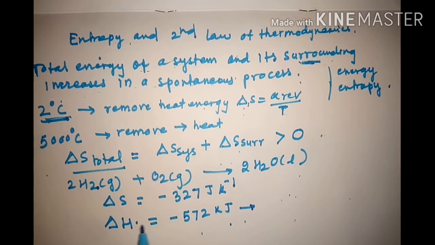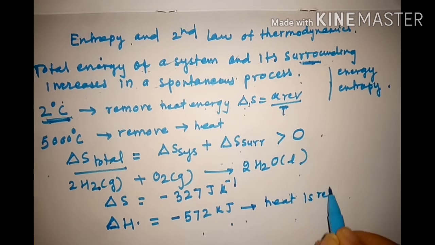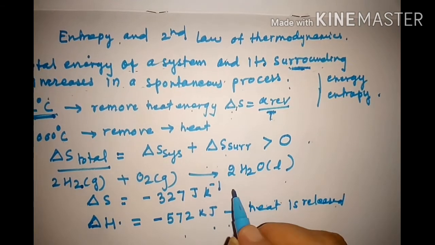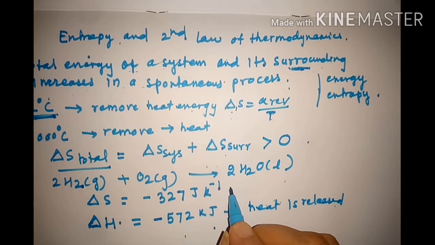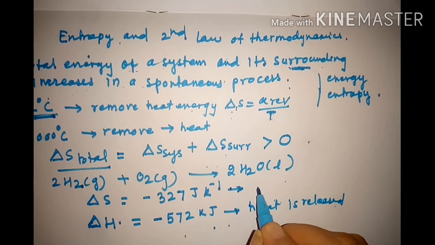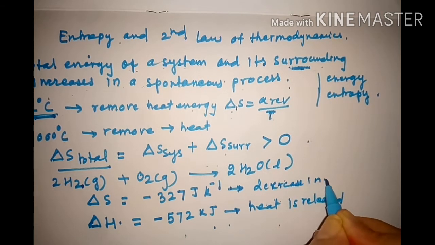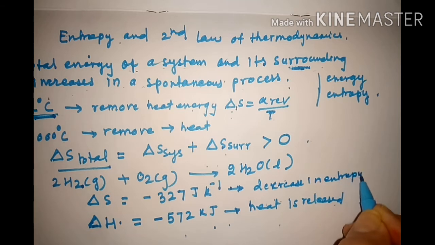This is the enthalpy change. The negative sign indicates that heat is released in this case. And for the entropy, the negative sign suggests that there is a decrease in entropy. So entropy decreases here.